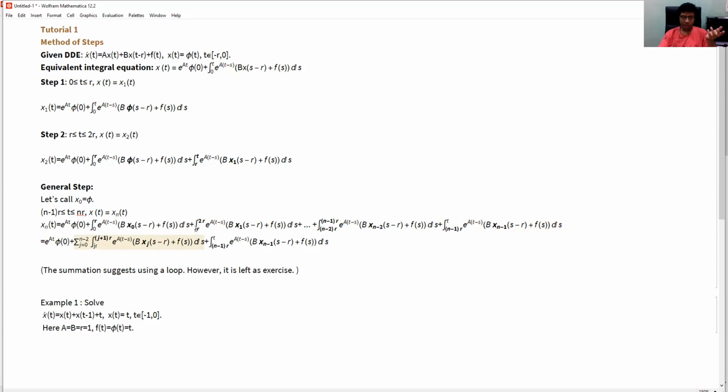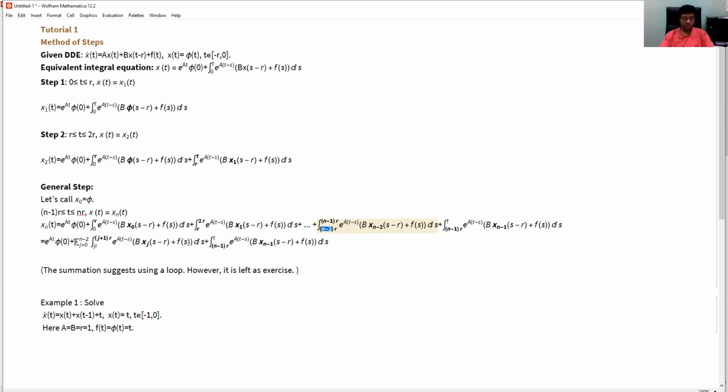And if my limits are j r to (j plus 1) r, then another thing is x suffix something, so it will be x suffix j. We can check. If the lower limit is r, then it is x1. If lower limit is 2r, it will be x2 and so on. If lower limit is (n minus 2) r, it is x suffix n minus 2. So this is xj of s minus r plus f of s ds.